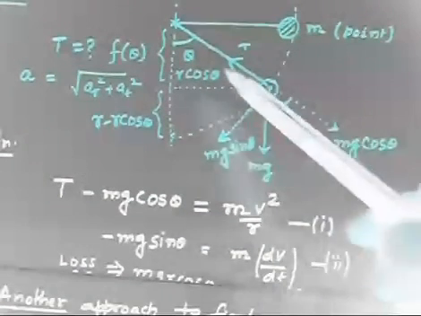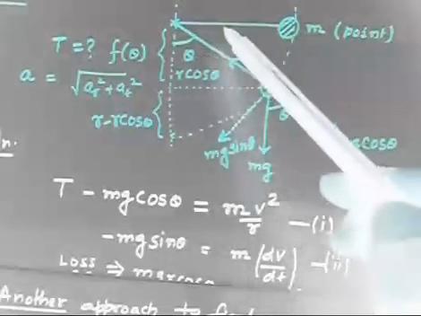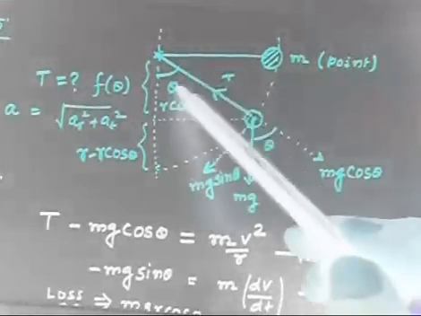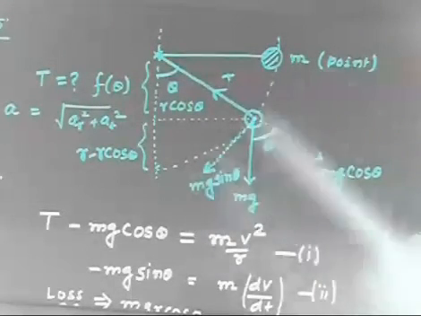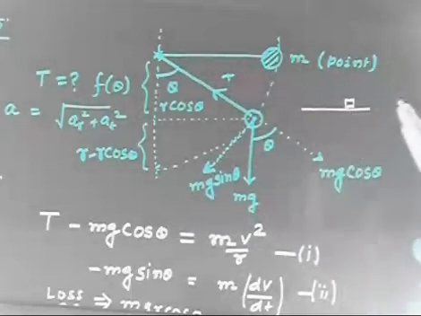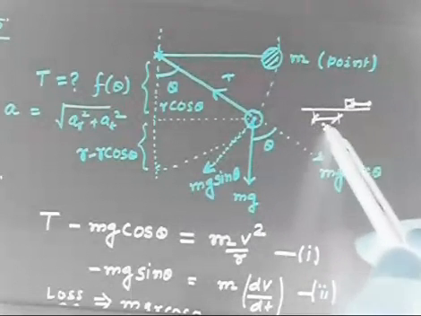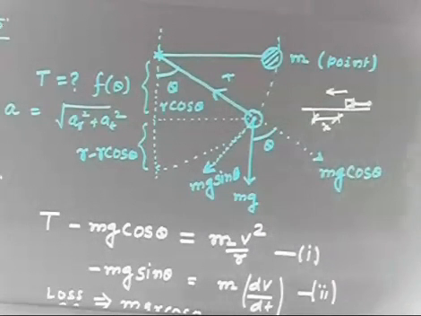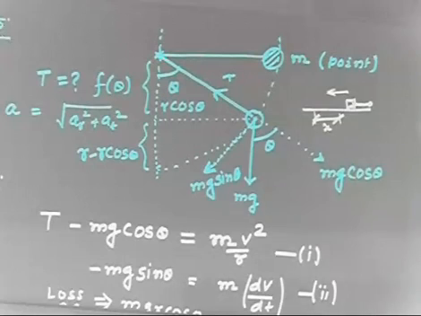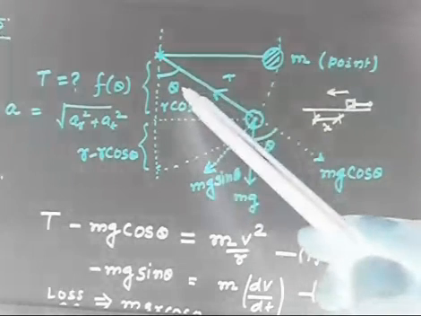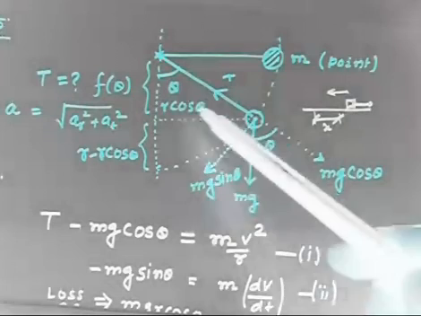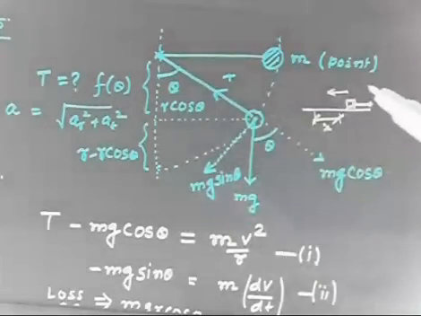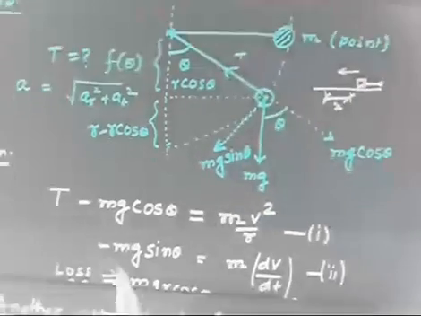Since this force is reducing theta, if I had taken theta the other way, then no problem, because in that case theta will increase and this force will try to increase it. If you have a force that tries to increase the value of x, you call it positive. If the force tries to reduce the value of x, then you call it negative. Same thing here. Here this force tries to reduce theta, so there is a negative relationship between force and theta, and that's why you have to put a minus sign here.